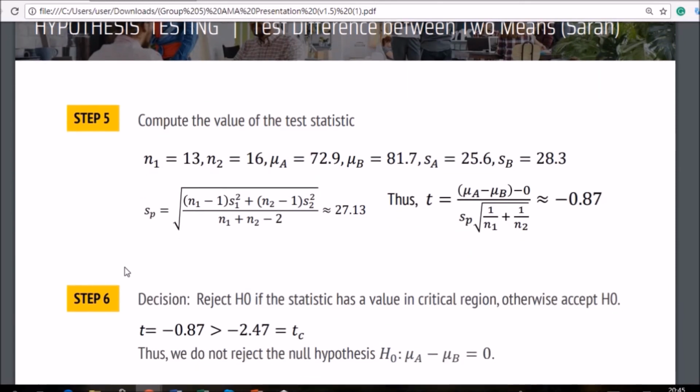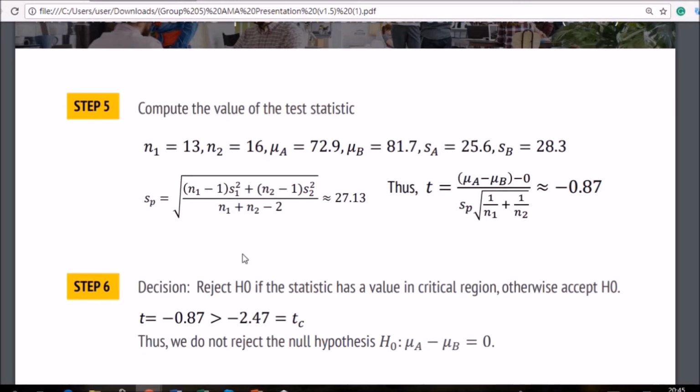After calculating the critical region, we can formulate the value of the test statistic. For this question, n1 is 13, n2 is 16, x̄A is 72.9, x̄B is 81.7, SA, which is the sample standard deviation of District A, is 25.6, SB, the sample standard deviation of District B, is 28.3.